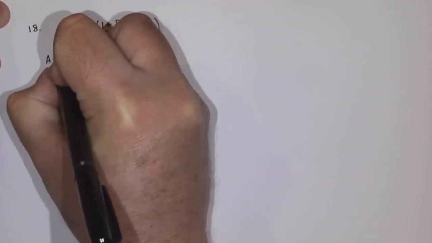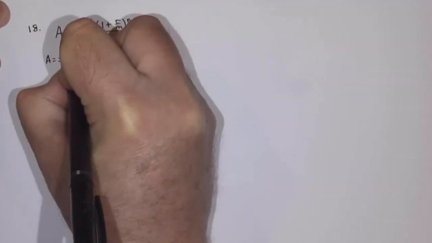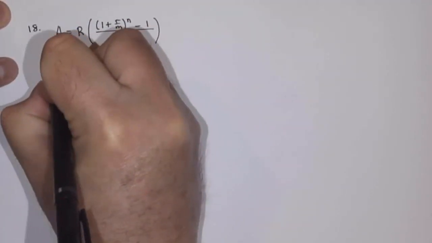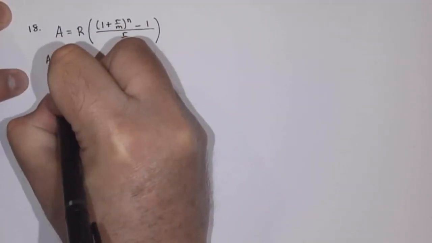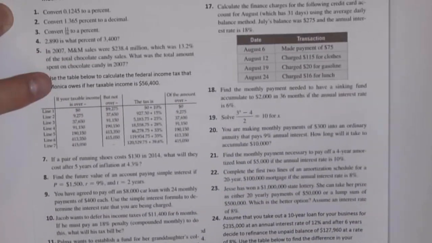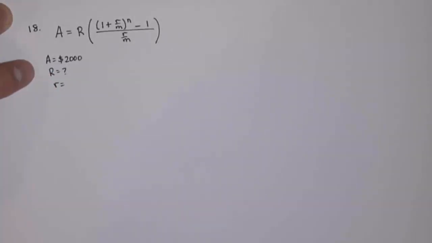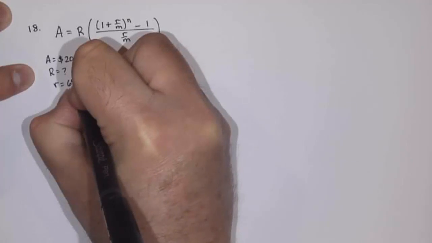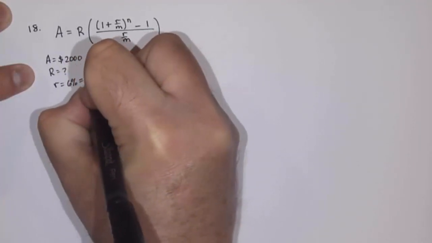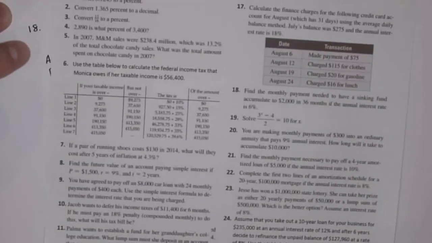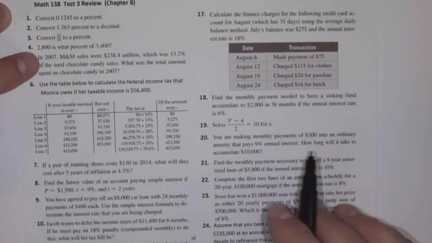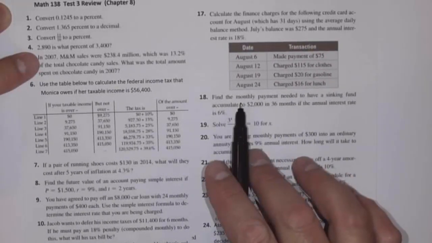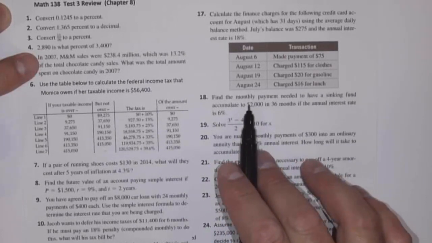So for this problem, the A part equals $2,000. We're looking for R. Our interest rate is 6%, which is 0.06, and we're doing that in 36 months. Now this problem doesn't specifically say that it is compounded monthly, but we are making a monthly payment, so that compounded monthly part is understood.